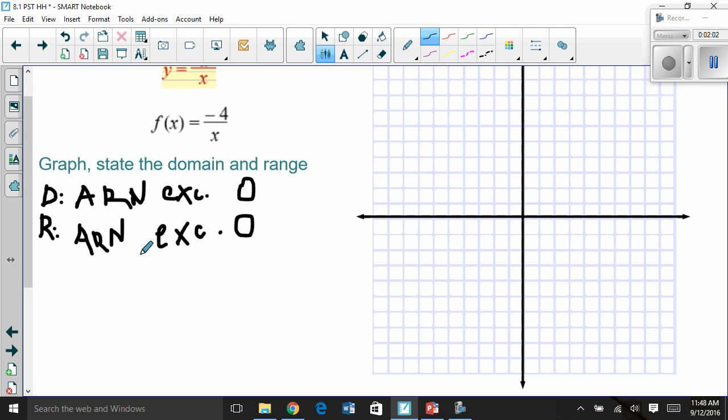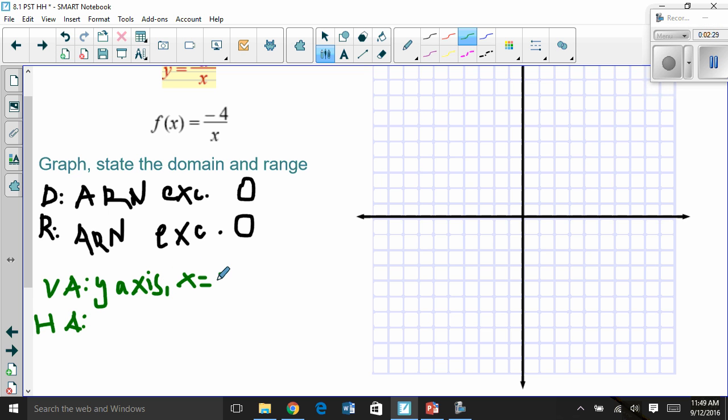Next we can move on to graphing. So remember our steps here. We need to find our asymptotes. So we have a vertical asymptote and a horizontal asymptote. If you remember, the ones that look like this have that vertical asymptote on the y-axis, or at x equals 0.